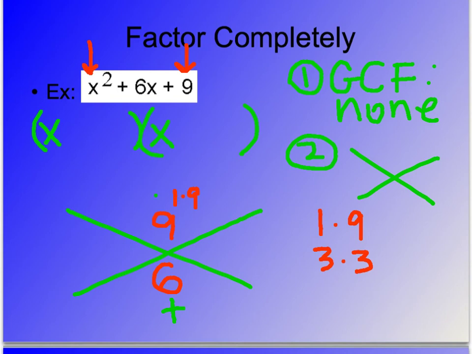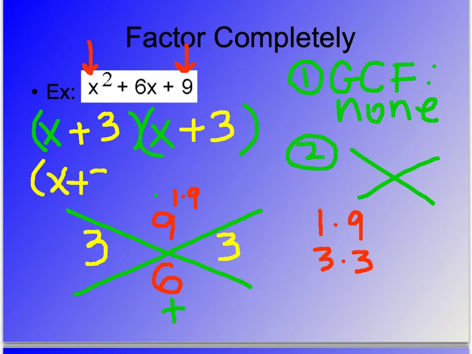So, choosing out of those two sets of factors, I know that the ones that are going to work are 3 and 3, because 3 times 3 is 9, but 3 plus 3 is 6. So when I go to write my answer, it will be x plus 3 and x plus 3 in this case. Now this particular trinomial happens to have the same two factors, x plus 3, x plus 3. So you might see this answer written as x plus 3 to the power of 2.